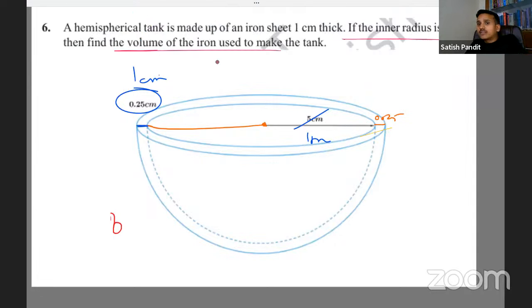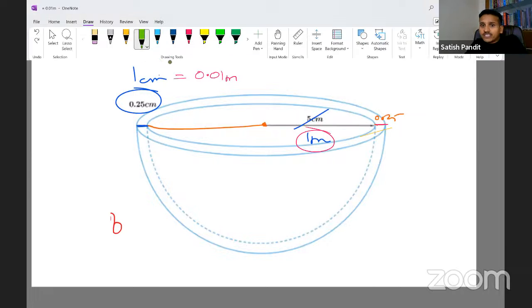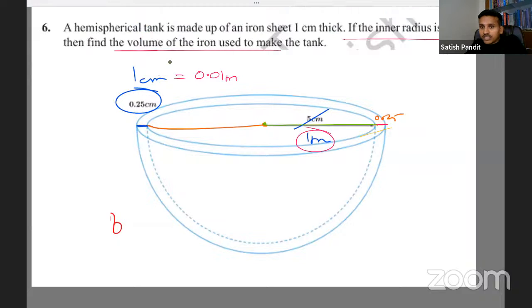Thickness is 1, but this is 1 meter, this is 1 centimeter. So first you convert this into meter, so it will become 0.01 meter. So outer radius will be 1 plus this. All of you understand which is the outer radius? Outer radius is from here till here. That means outer radius is 1.01 meter.